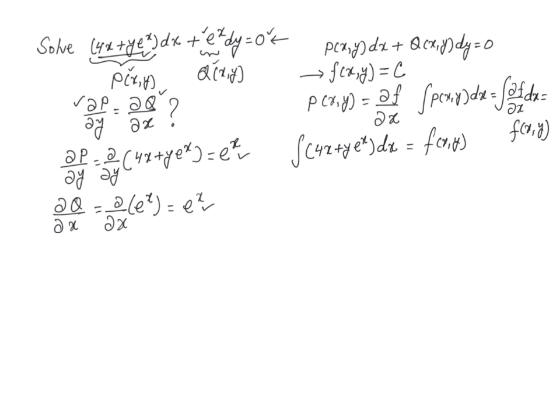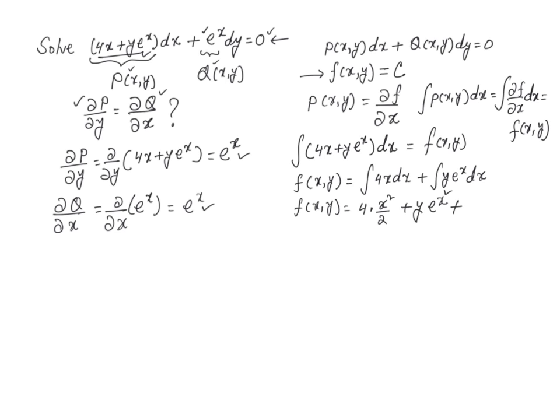Now if I rewrite this, I would have f of x comma y is equal to the integral of 4x dx plus the integral of y e to the power x dx. The integral of 4x dx is going to be 4 times x squared over 2, plus y is a constant when we are taking the integral with respect to x, so it is y times the integral of e to the power x dx, which is nothing but e to the power x.